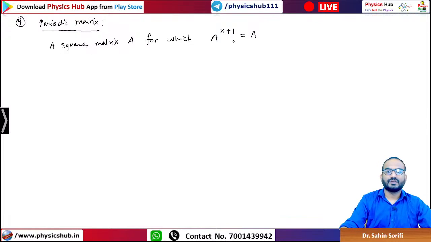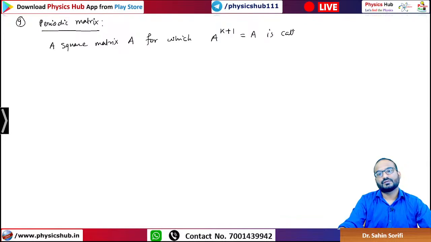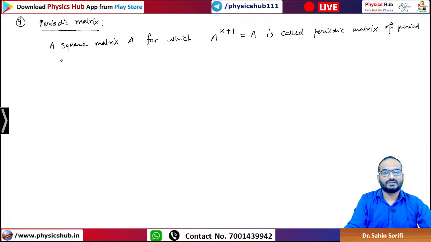A square matrix A for which A to the power k plus 1 is equal to A is called periodic matrix of period k. Okay.